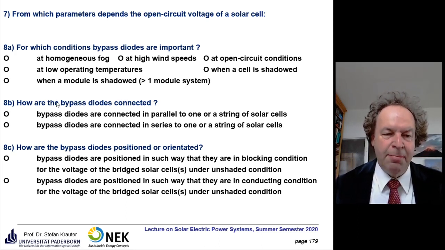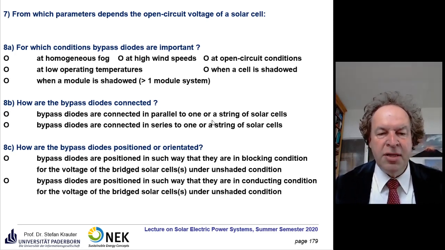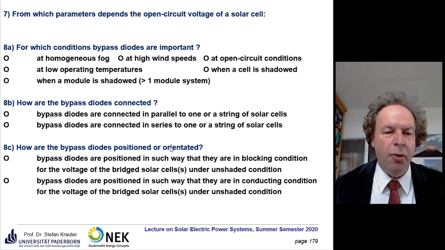How do you connect the bypass diodes? Are the bypass diodes connected in parallel to one solar cell or a string of solar cells, or are bypass diodes connected in series to one or a string of solar cells? Then, how are the bypass diodes positioned or oriented?